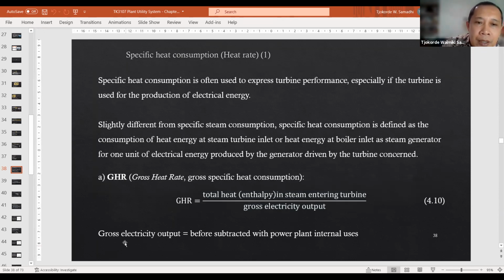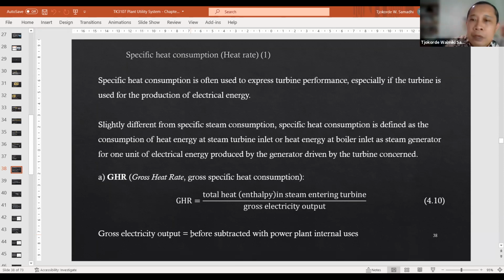And here, what gross electricity output refers to is before subtraction of the power plant's internal uses. So now imagine yourself looking at these steam power plants at night. You can see that they have lighting everywhere in the PLTU.